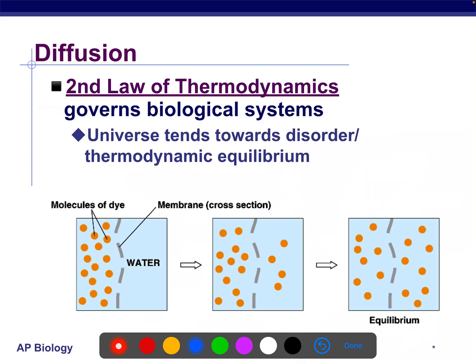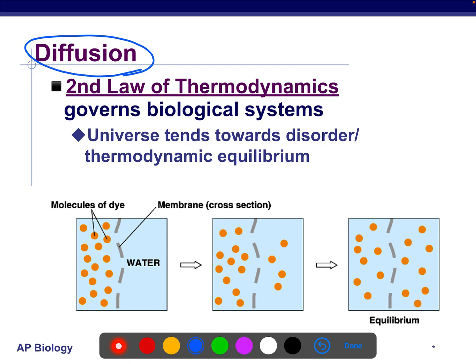If I took some food coloring and dropped it into a beaker of water, that drop of food coloring would be really concentrated in one area. And then if I just set it on the counter and let it go for a while, eventually all the water would be the same color of red or blue or green or whatever color I chose. And that's because of this idea of diffusion.